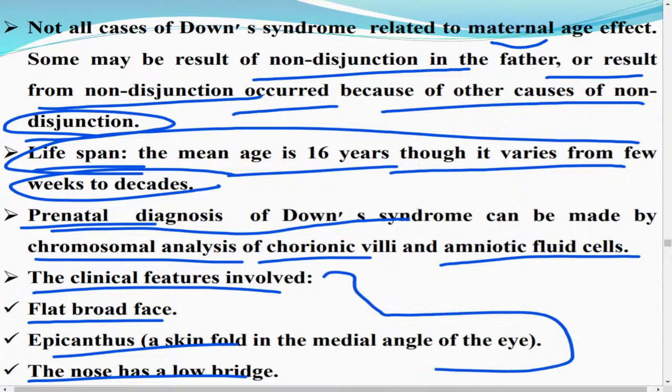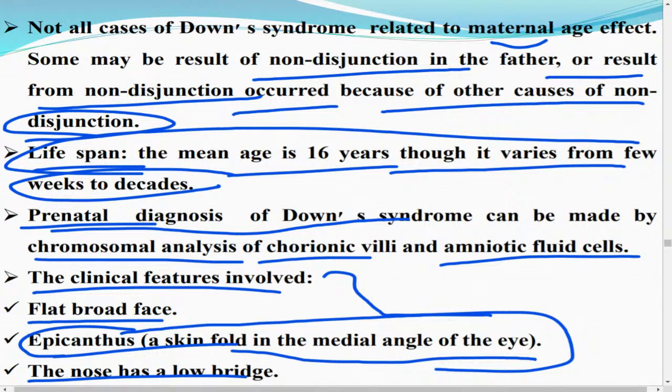Then the clinical features involved are a flat broad face, which we have already discussed, then epicanthus, a skin fold at the inner angle of the eye, then a nose with a low bridge.